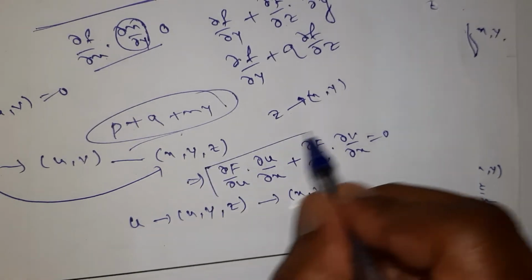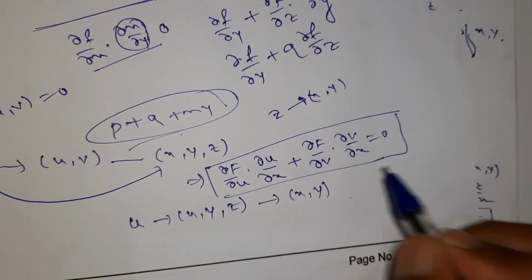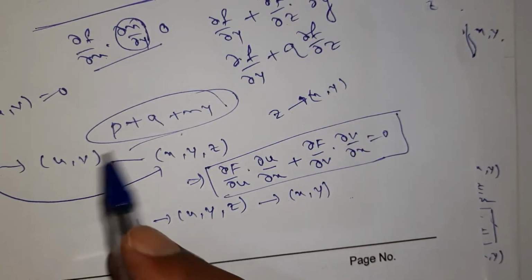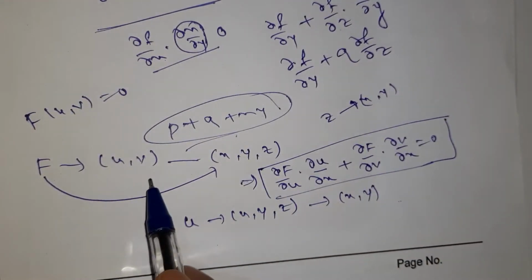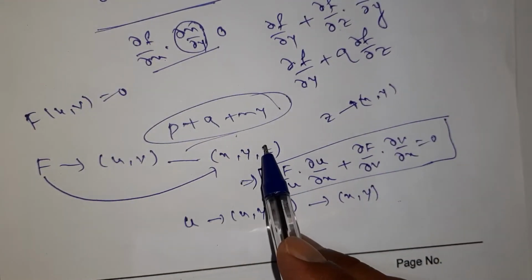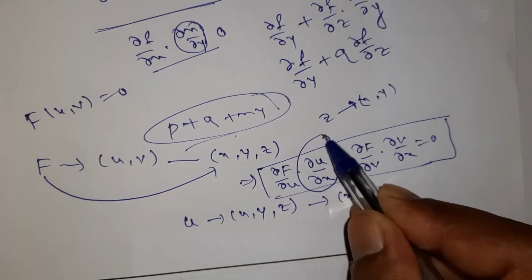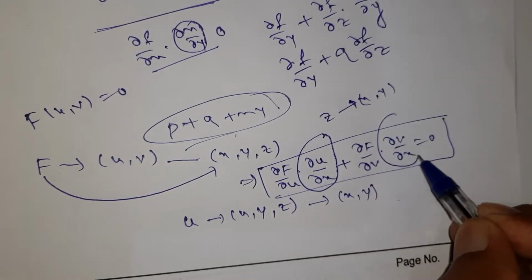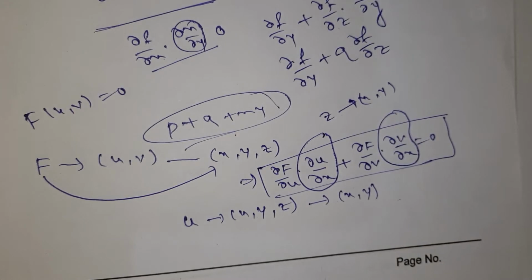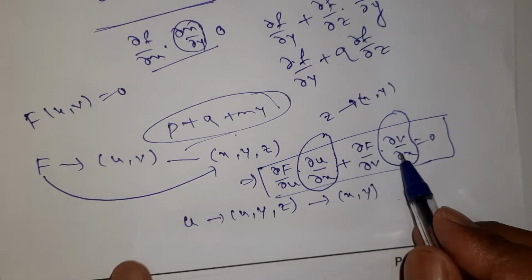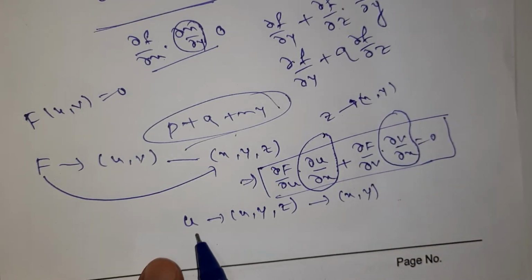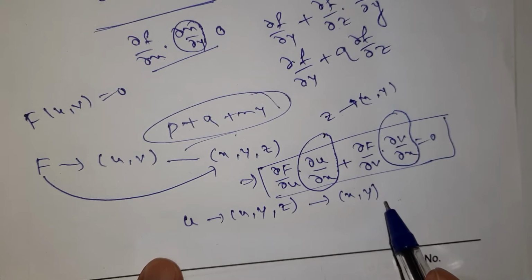This equation we have written from f. F is a function of u and v. U and v are functions of x, y, z. So I get two terms here: dou u by dou x and dou v by dou x. So I have to write these two values. For that, I need u and v. So my u is a function of x, y, z, and x, y, z are functions of x, y.